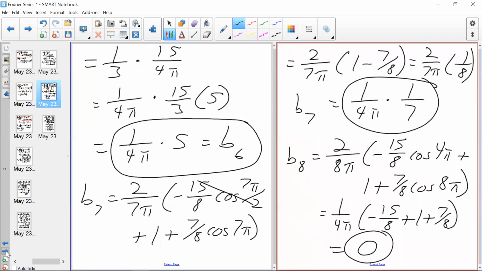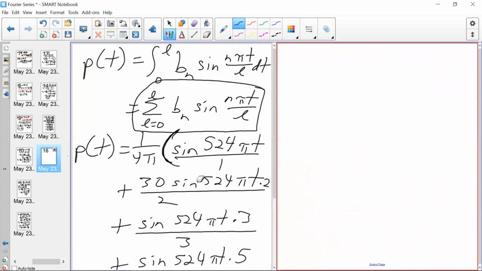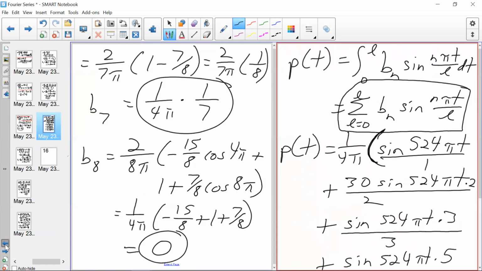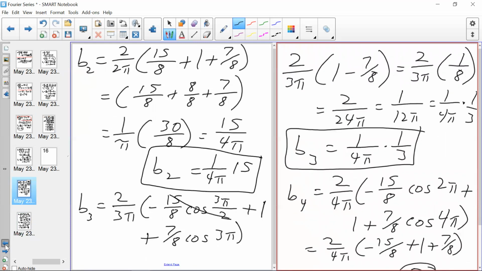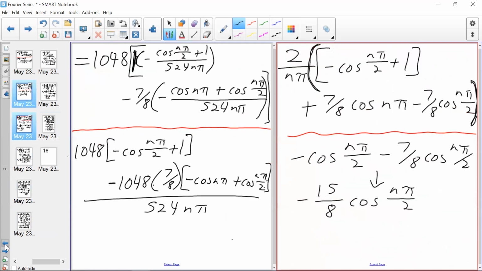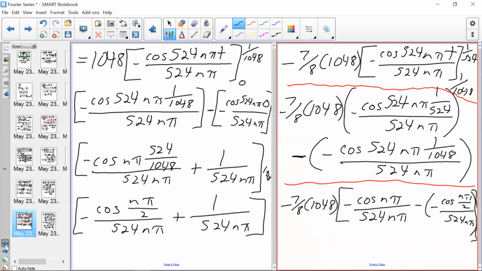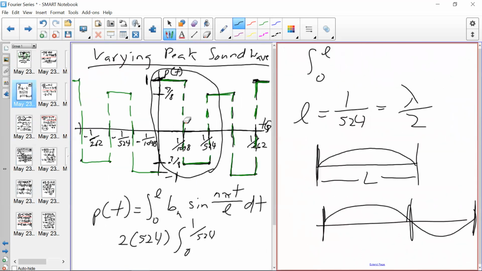Yes, a series of these little wave functions make up the original guy right there. So if you were to zoom in, you could see all these wave functions overlapping that will add up, they will superpose to make up this varying peak sound wave.